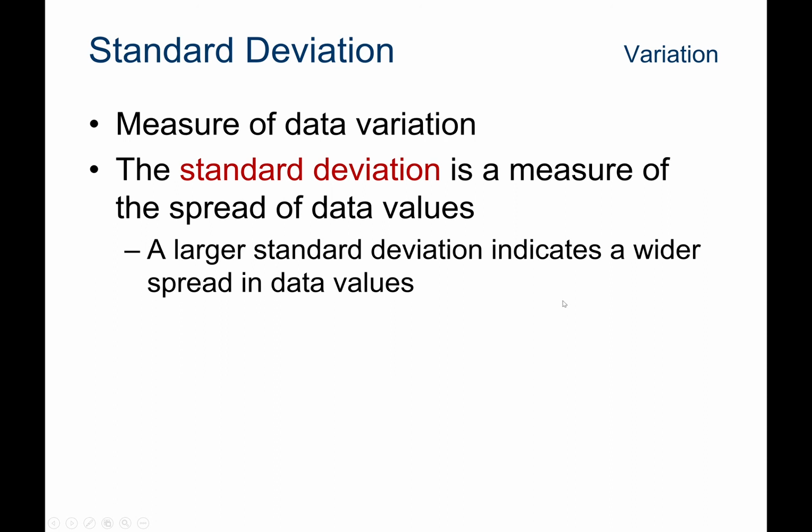When you have a large number for standard deviation, that tells someone that you have a very big variety or a very wide spread in your data values. A small number for standard deviation, like close to 0 or close to 1, indicates that your data is located very close together.